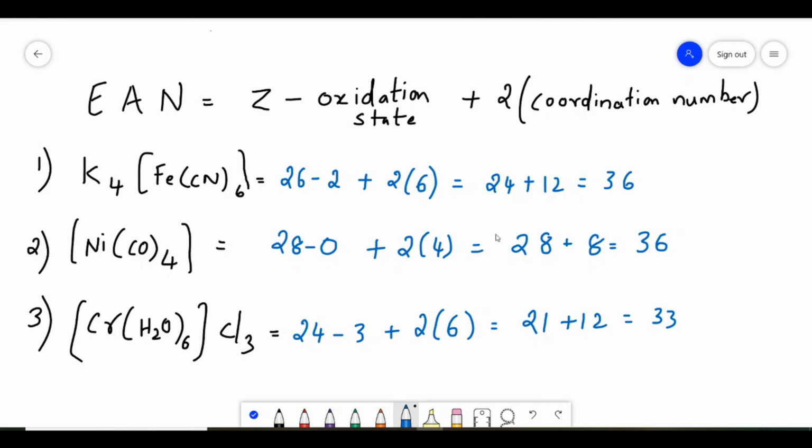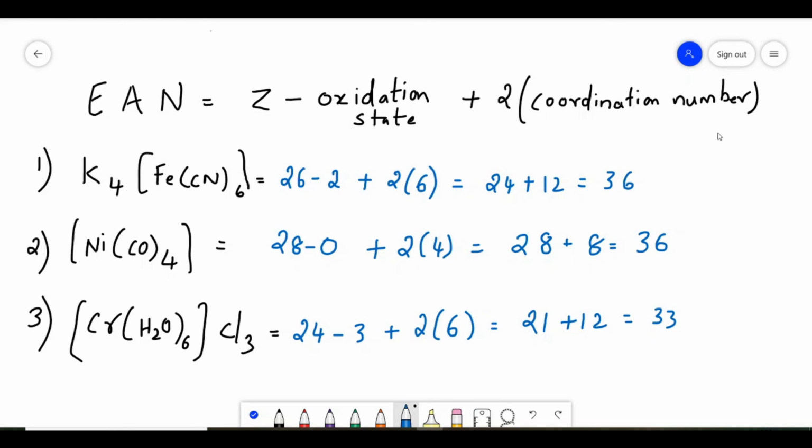Generally these are nothing but the total electrons present around the central metal. So this Fe has these ligands and some oxidation state, and these are all the total number of electrons present around the central metal in a complex. Generally these electrons are nearly equal to the noble gas electrons.